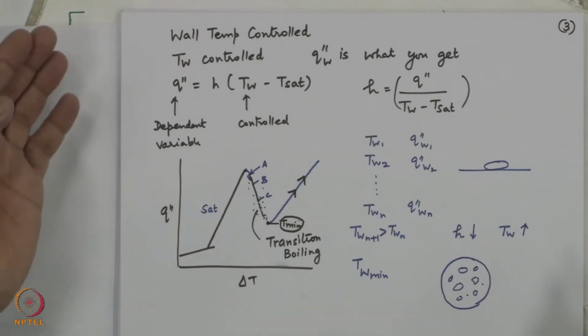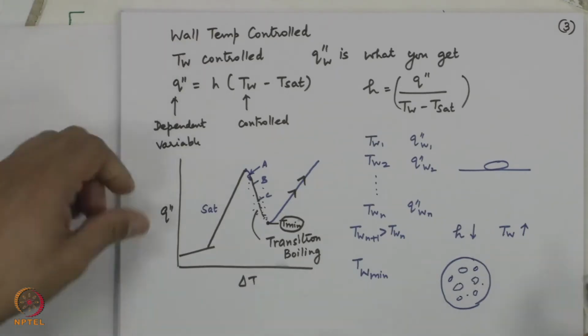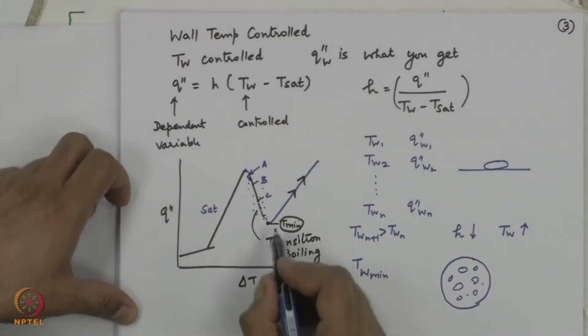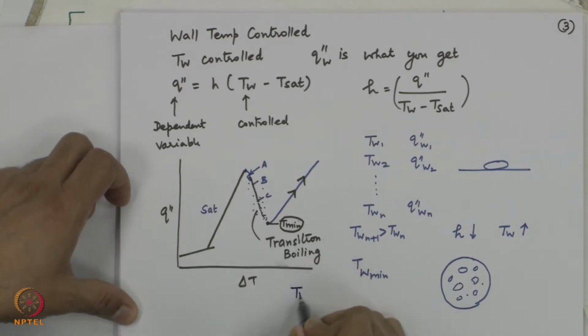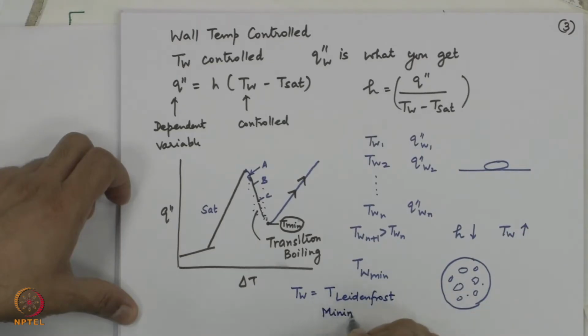This situation finally becomes worse when I go to T wall equal to T Leidenfrost. We call this the Leidenfrost temperature or minimum film boiling temperature.